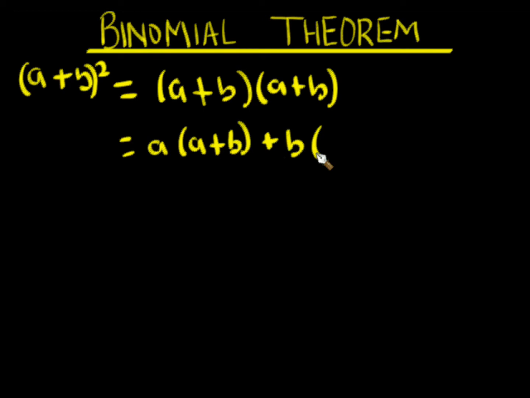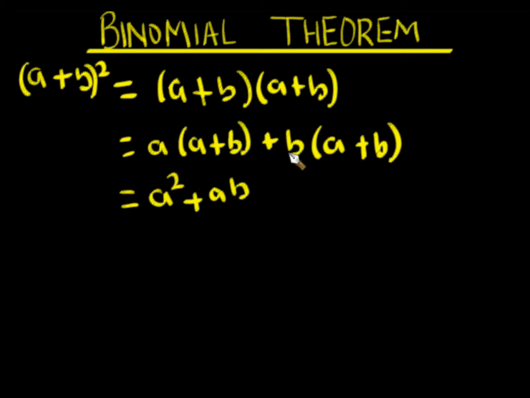So here we have a times a gives us a squared, a times b gives us positive ab. Now we are done with this bracket.